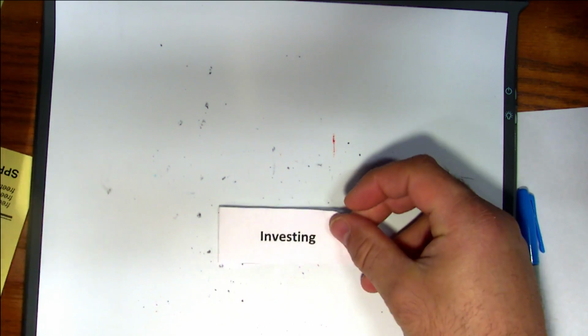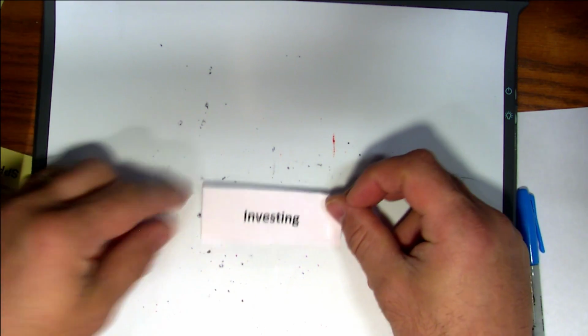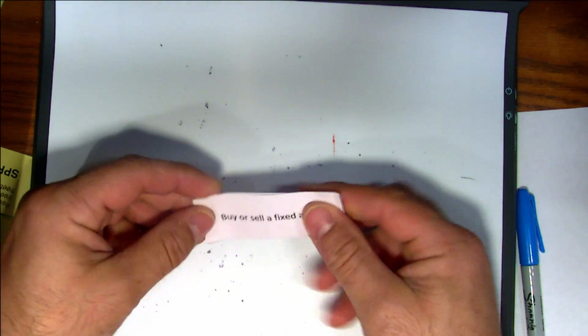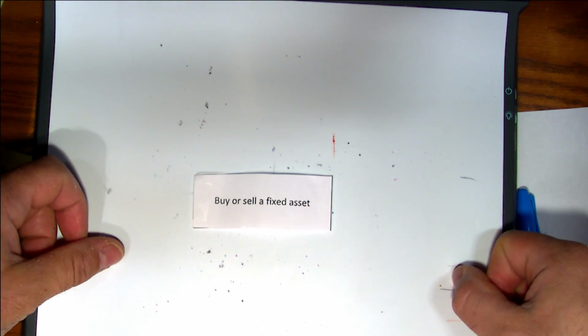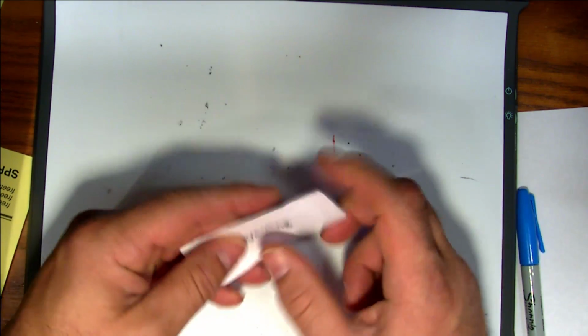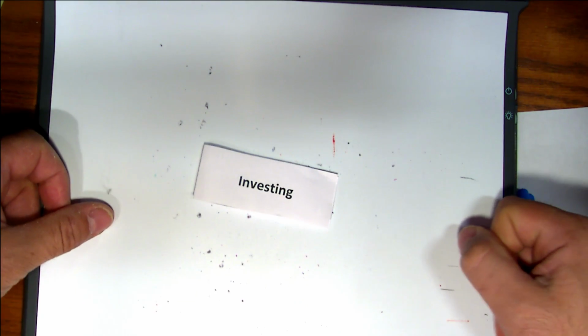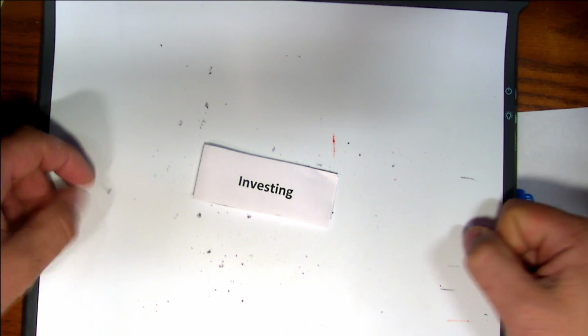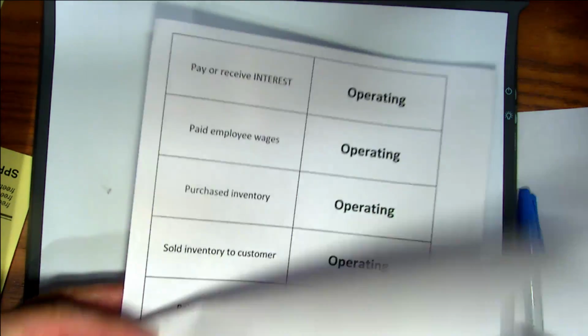So what you can do is make these little flashcards. Here's an example: buy or sell a fixed asset. What type of activity is that? That is an investing activity. So cut these out and make little flashcards, or just use these and copy it onto index cards. That is a good way to learn your cash flows.